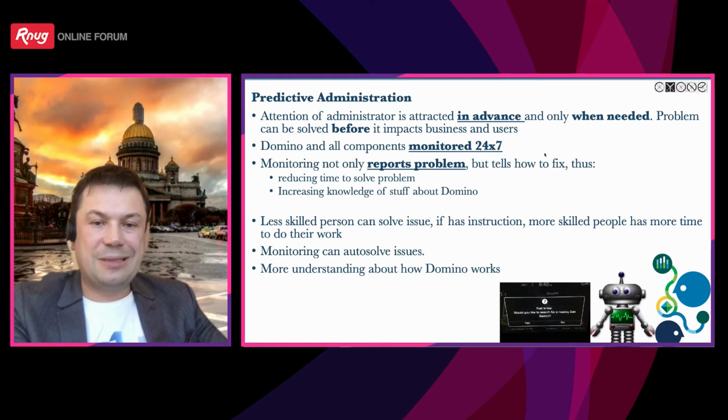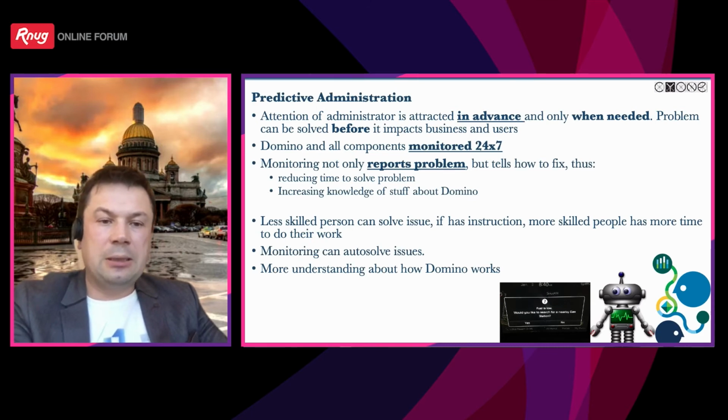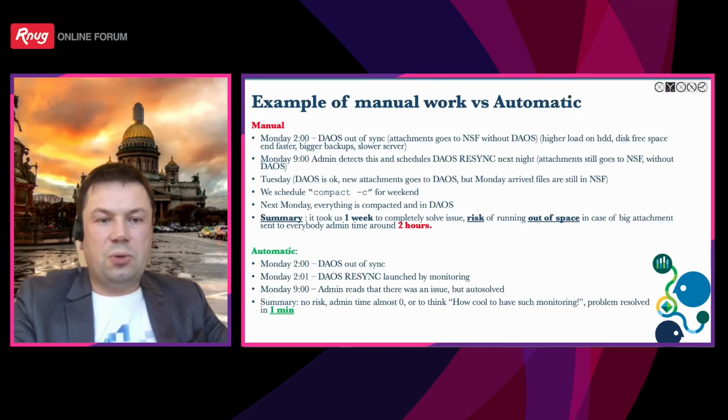Talking about predictive administration, I've already touched upon this. So we do it 24/7, and we can also automatically address the problems. I'll tell you how it's done when I move to the next slide.